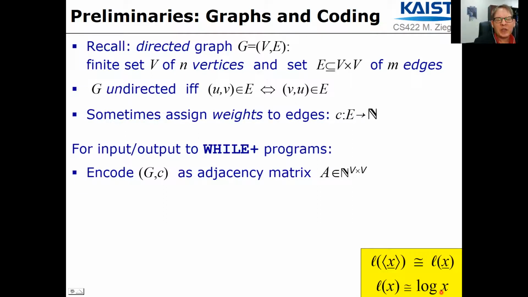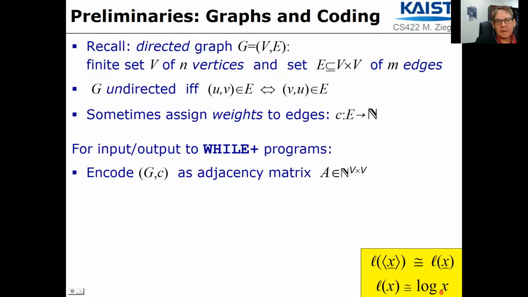And when we talk about encoding graphs, that means we will consider the adjacency matrix of that graph, which is a matrix of natural numbers, zeros and ones, as long as it's an unweighted graph, possibly other natural numbers as well, if it's a graph with edge weights.